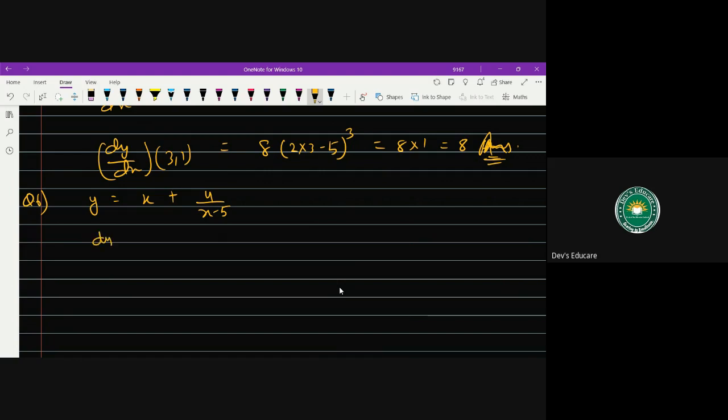So dy by dx, derivative of x is 1 minus 4 upon x minus 5 whole square.